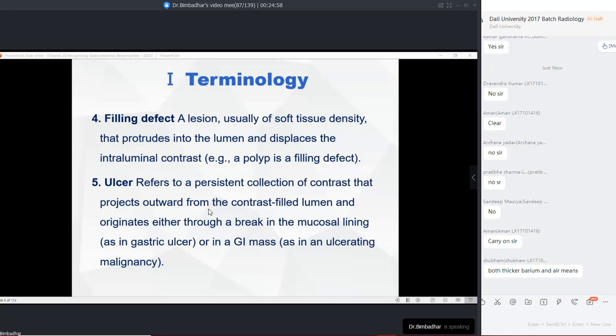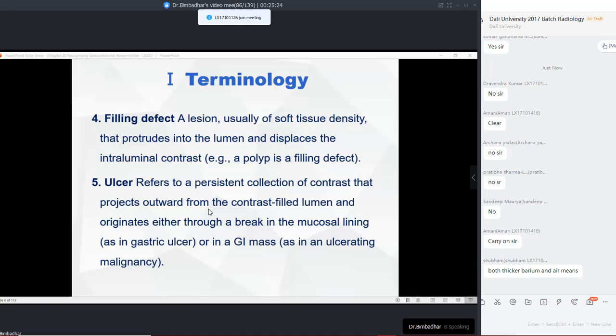Right, now yogurt becomes a thicker barium, whereas buttermilk becomes a lighter barium. Consistency is different. Thicker barium means a high amount of barium with more consistency, and diluted barium means a lesser amount of barium with less consistency.